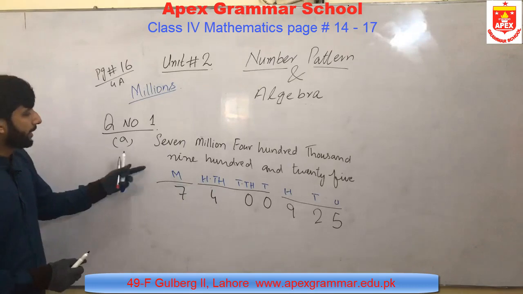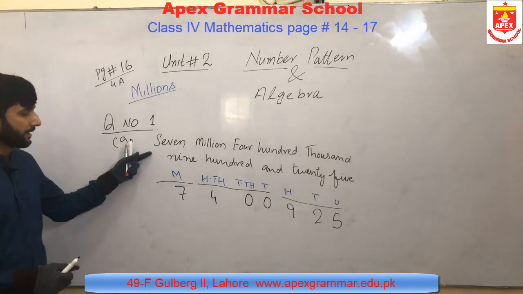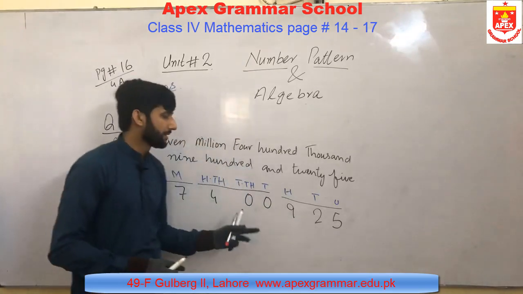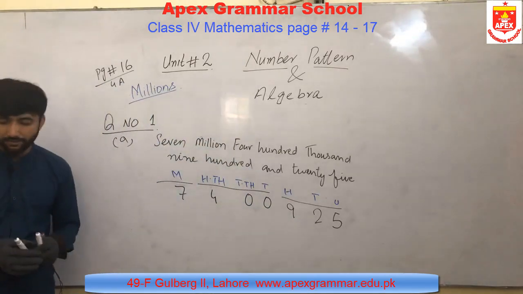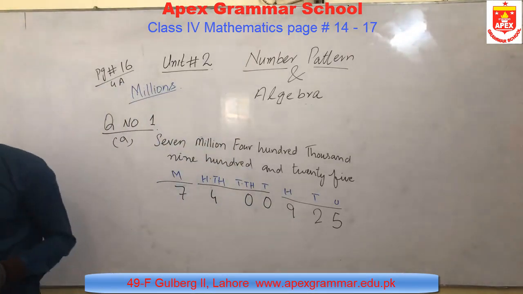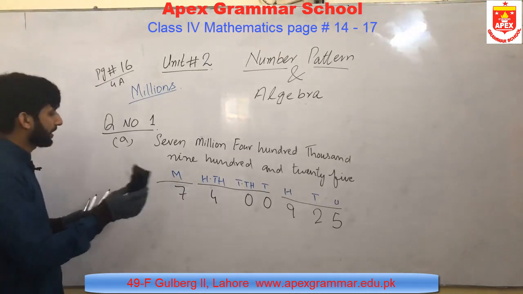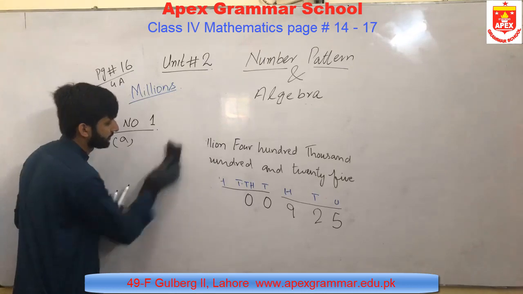So the required number of the given statement is 7,400,925. This is how to write down the numbers of the given statement. The last part of this question I am going to solve for you.